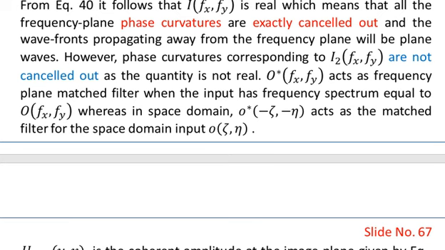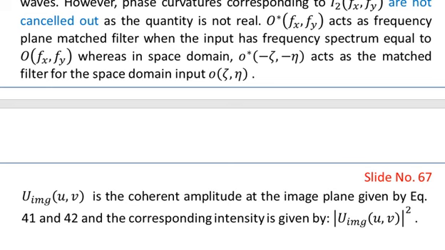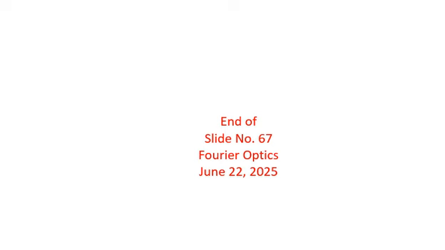So u image, the amplitude image at the image plane with coordinates u and v, is the coherent amplitude given by equations number 41 and 42, and the corresponding intensity is given by the absolute square of this amplitude image. So this is the end of slide number 67.